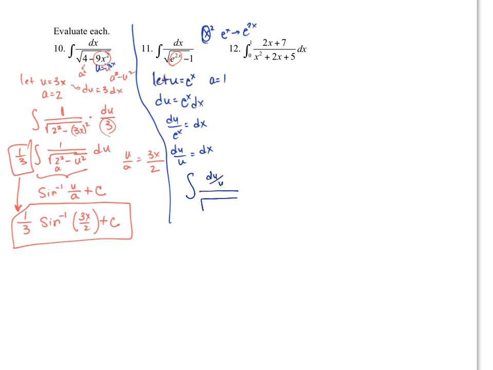And this will be the square root of u squared minus 1. And I know that this is the inverse secant. We're going to say 1 over a, the inverse secant of u over a plus c. So this is 1 over 1, the inverse secant of e to the x plus c. So it's just the inverse secant of e to the x.